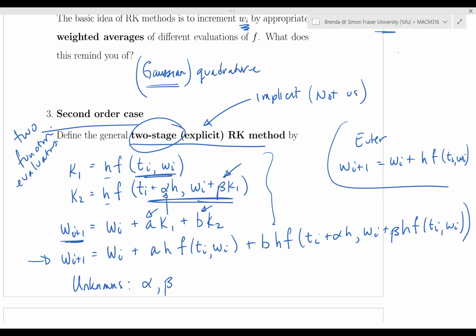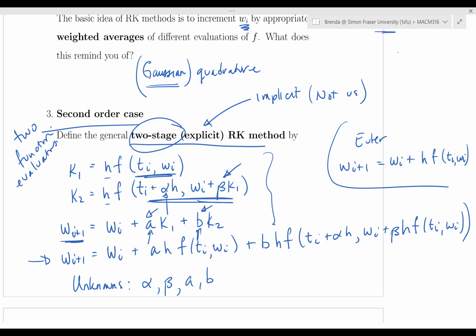We can choose this, and we can choose this. So this is the two-stage Runge-Kutta rule for which you can adjust alpha, beta, A, and B.